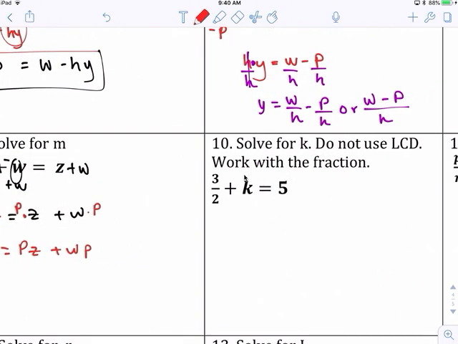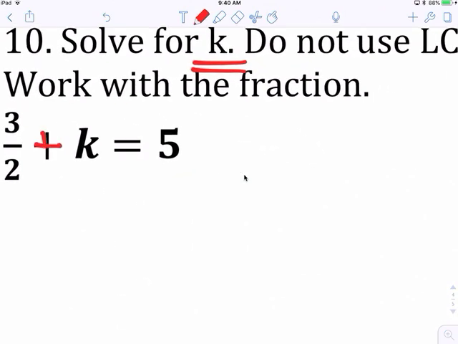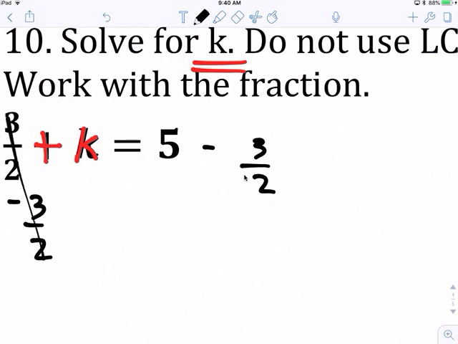So here, same. You want to solve for K, okay? You leave that alone. You need to make the other one equal to 0, so you minus 3 over 2, minus 3 over 2. K equals, okay, this is 1 1/2. 3 over 2 is the same thing as 1 1/2.